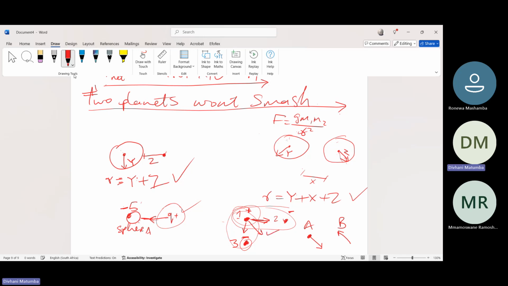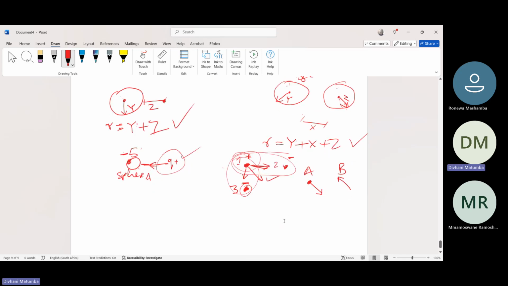And then, what is the formula for calculating the resultant if we have this case?